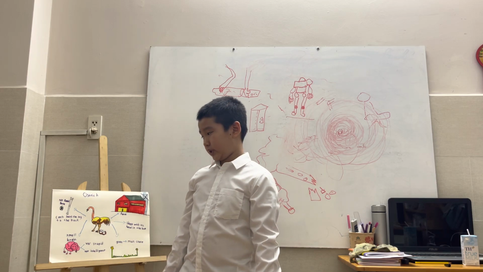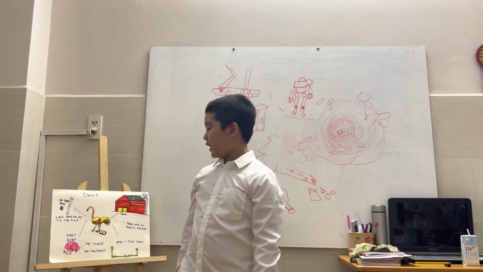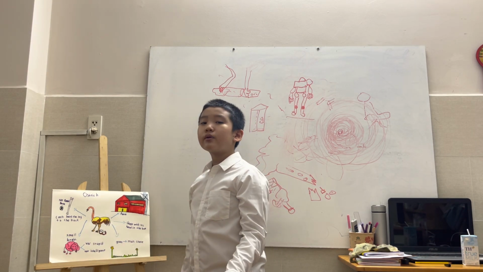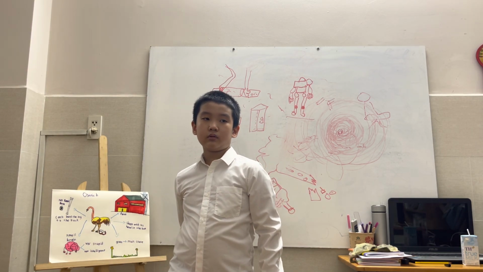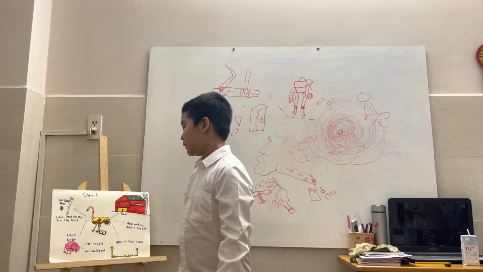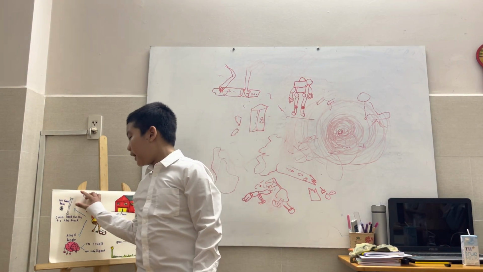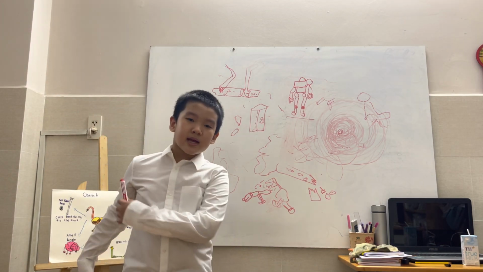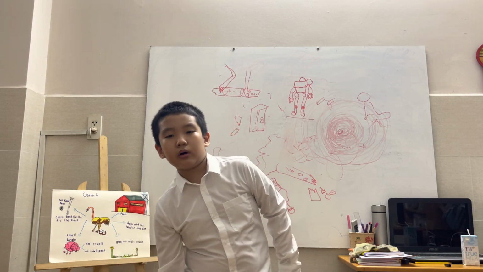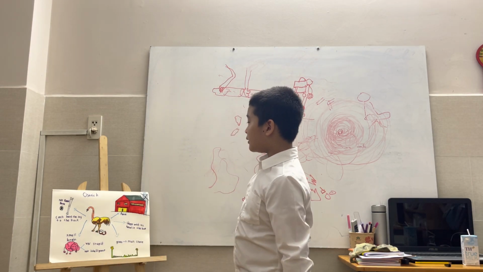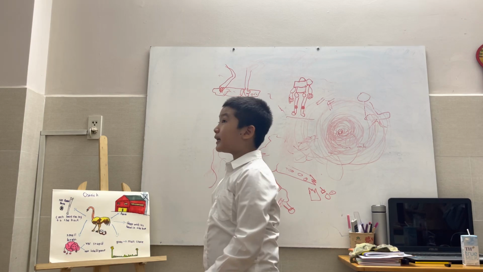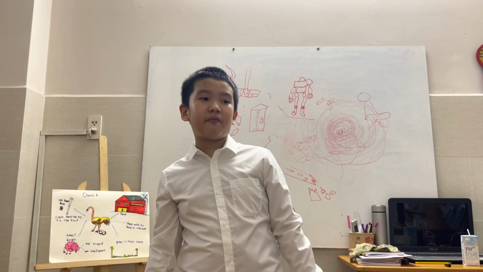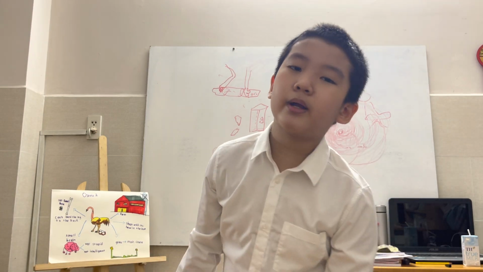Now, my next question. How does an ostrich run so fast? How does it run so fast? Well, you see, because it has no knee bone that weighs it down. So when it runs, it can run very fast. Or you can explain another way. You can say that because it has claws, its claws grip to the ground, preventing it from slipping when they run.